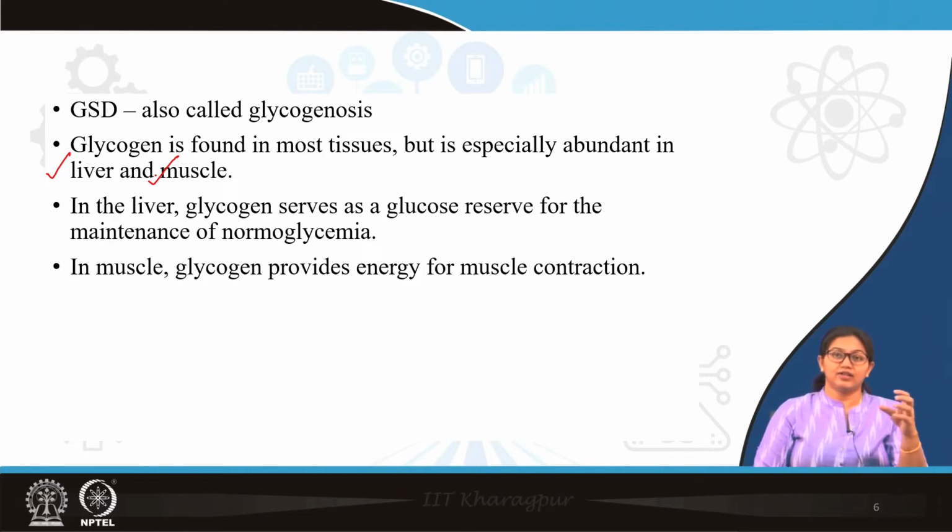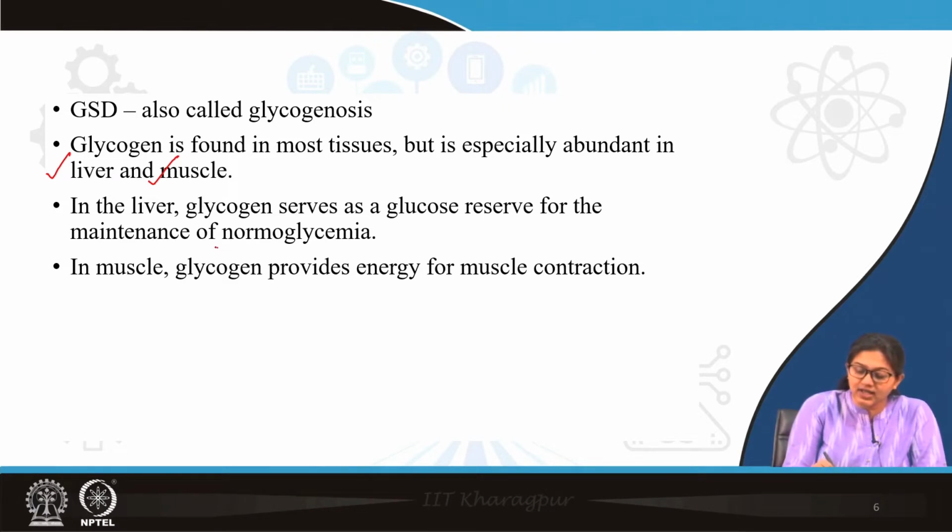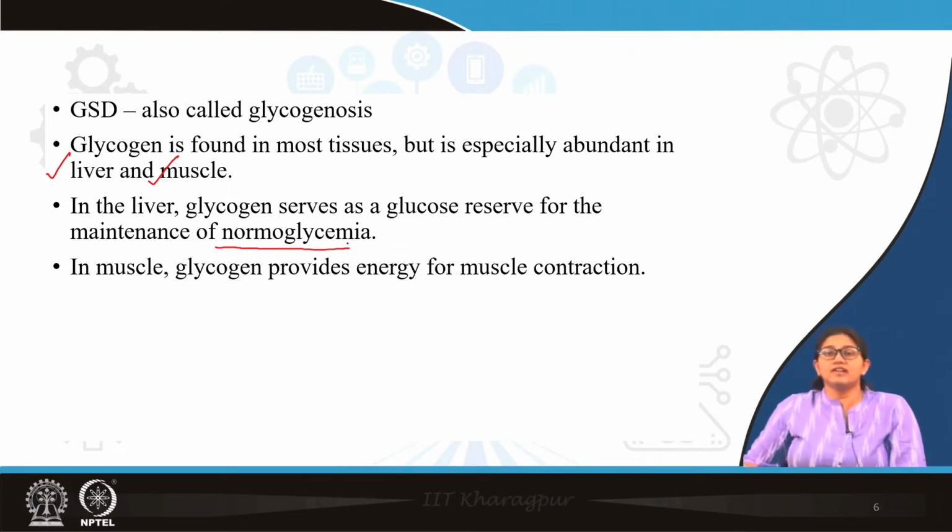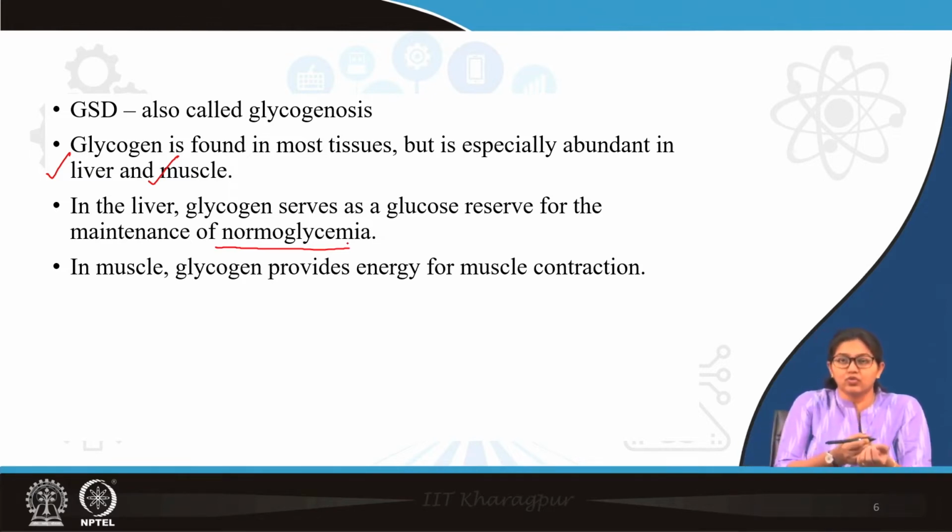Now, if you remember the two different functions of glycogen in liver and muscle, once again I am highlighting the fact that liver glycogen is basically a source of glucose to maintain normoglycemia in circulation. So, basically the liver acts as a sensor of glucose. It senses if there is a fall or a rise of blood glucose level as well, and accordingly, on requirement, it releases glucose to circulation via glycogenolysis.